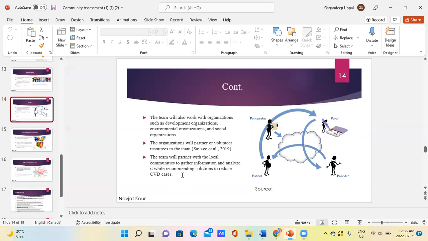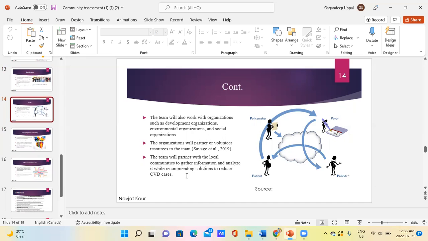I'm going to continue with this. The team will also work with organizations such as developmental organizations, environmental organizations, and social organizations. Suppose one is working with these kinds of organizations, they can learn about the sanitation programs. They can know the problems arising due to sanitation, social gatherings, or other societies.